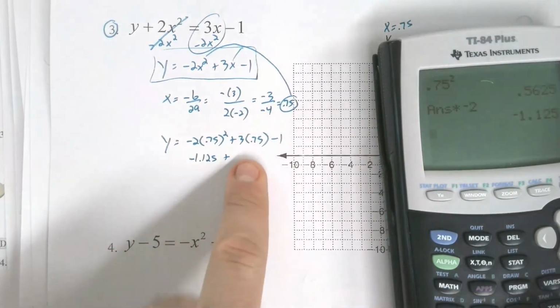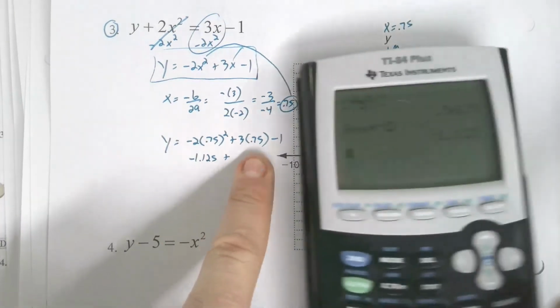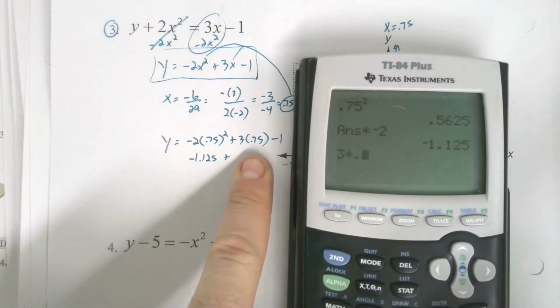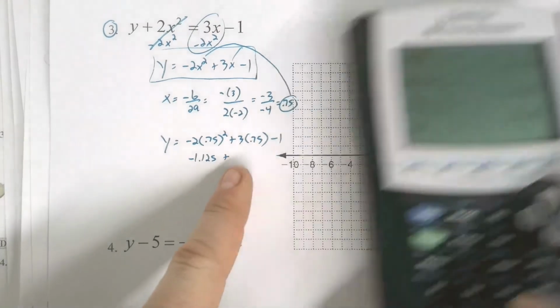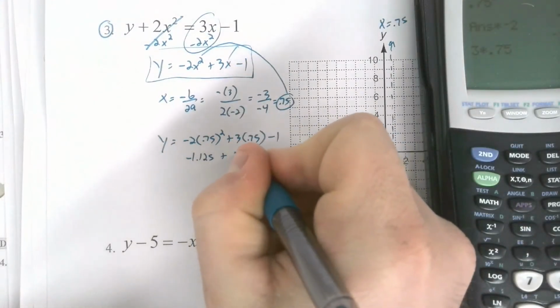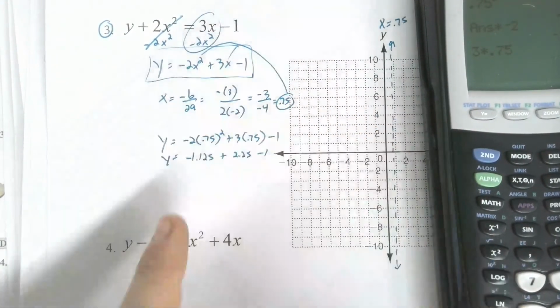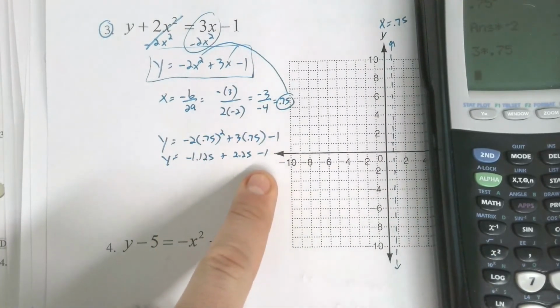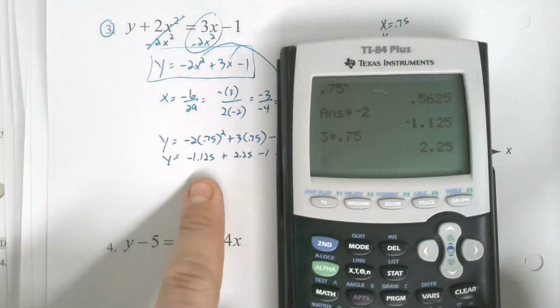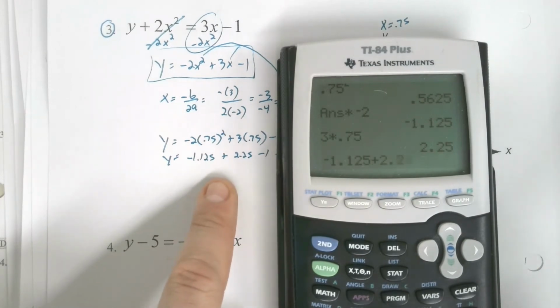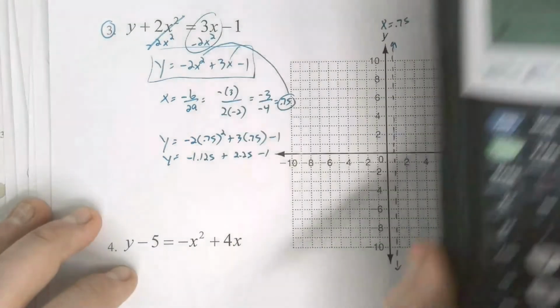Okay? Now this part, 3 times 0.75, you just type in your calculator. Notice you get 2.25. So then all you do is add these up for your y value. Okay? So let's do that. Negative 1.125 plus 2.25 minus 1. So you get 0.125 as your output.